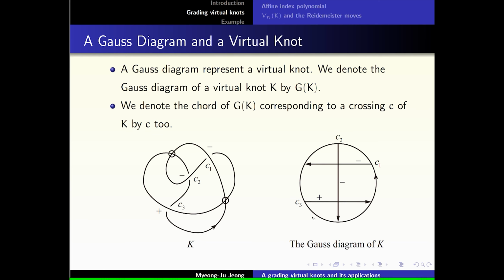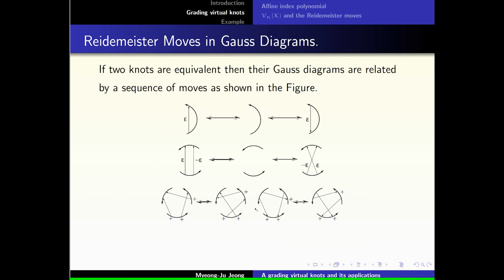And conversely, if we have a Gauss diagram, then we can also construct a virtual knot diagram. So we can study a virtual knot as the Gauss diagram of a knot, and to study this, it is needed to analyze the Reidemeister moves.